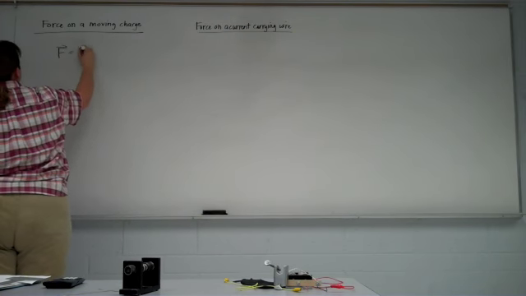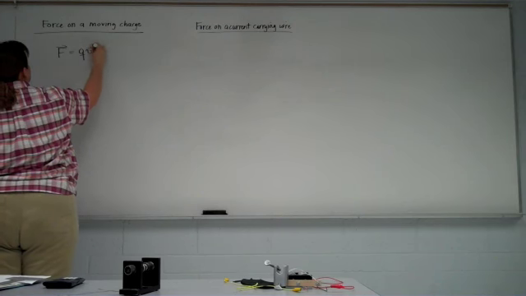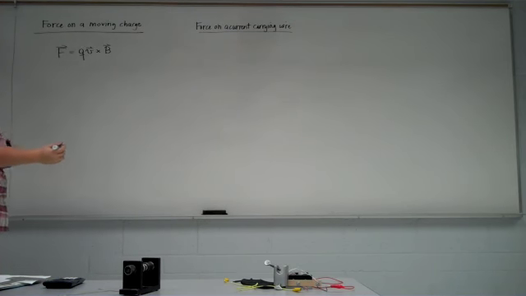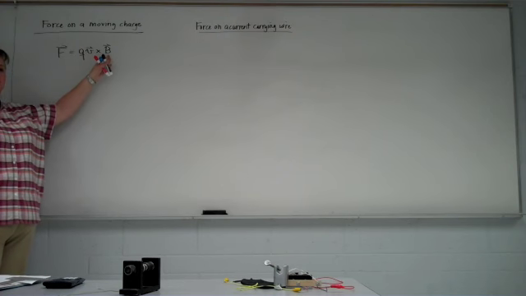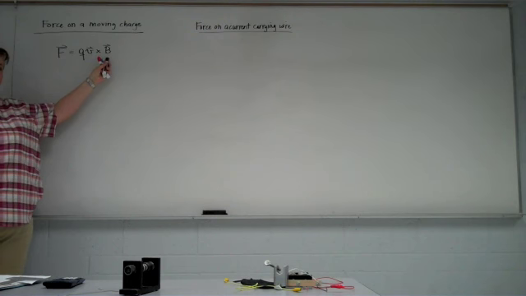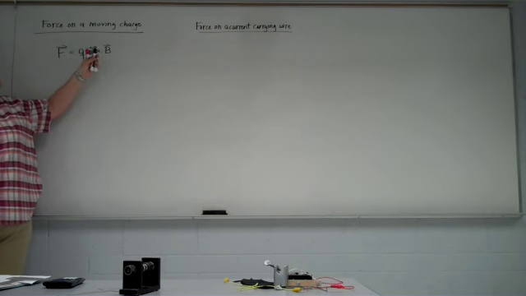Force equation looks like this for a single charge moving through an external magnetic field. So B here is the magnetic field external to the charge. It is not the field that the charge itself is producing. This is the external one created by something else, whether it be a permanent magnet or something else.